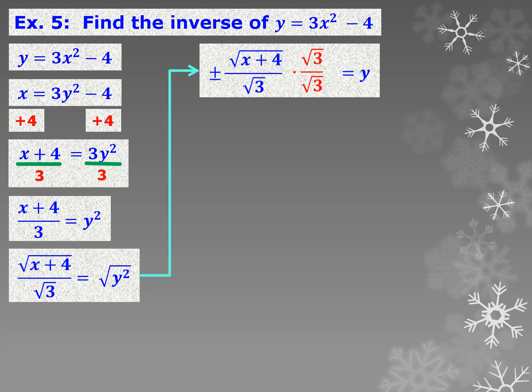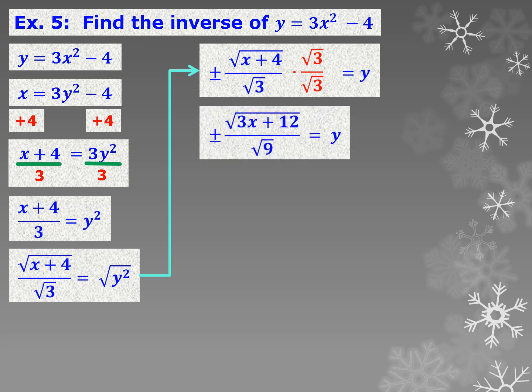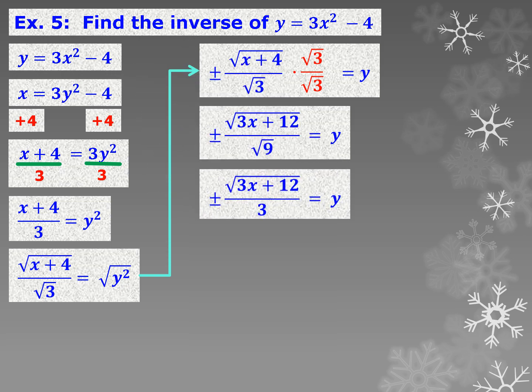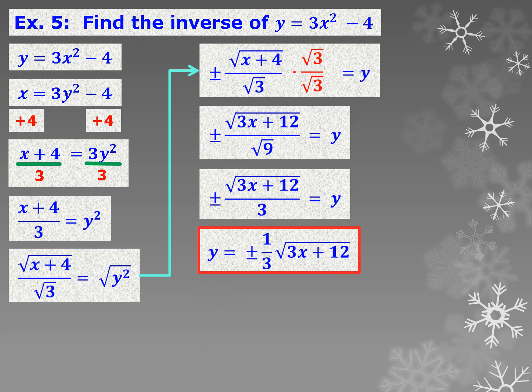So when I multiply two radicals, I just multiply their insides together. And so that gets me plus or minus the square root of 3x plus 12 over the square root of 9. But wait, the square root of 9 is 3. So final answer is y equals plus or minus the square root of 3x plus 12 all over 3.